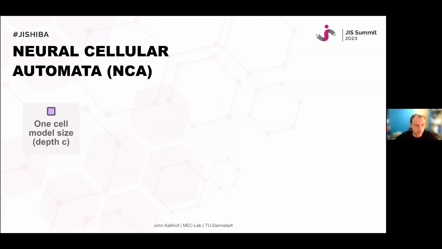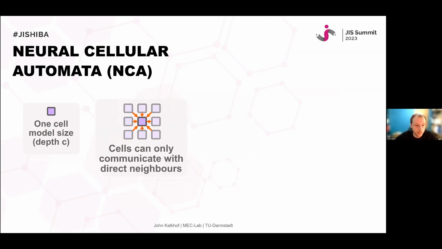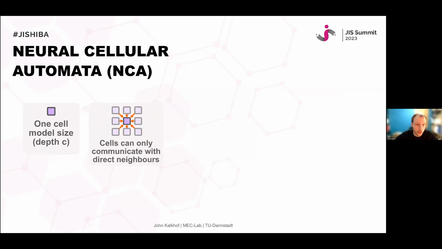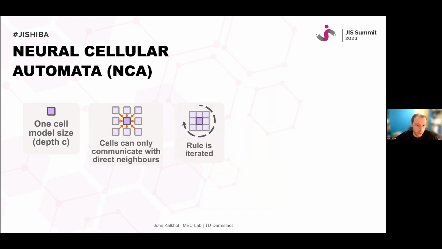Then, as we also want some communication with the neighbors, we have a convolution as the input to the model, and this way we can learn some information about our neighbors. As we also want some global information, since we want to do a segmentation task, we iterate this rule multiple times, and iterating it multiple times allows us to gather the global information we need to perform the segmentation.